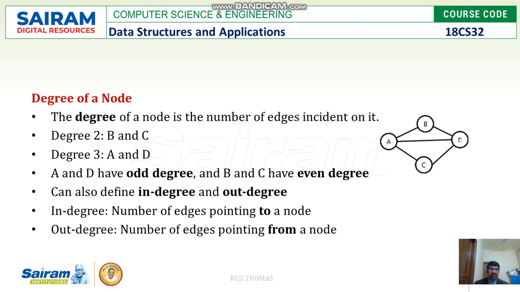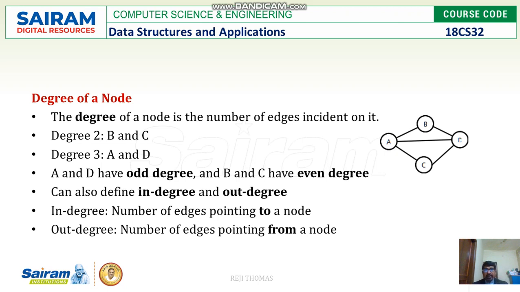If you take D, there are three edges incident on that, so D has degree 3, and A also has degree 3. So B and C have even degrees, and A and D have odd degrees.